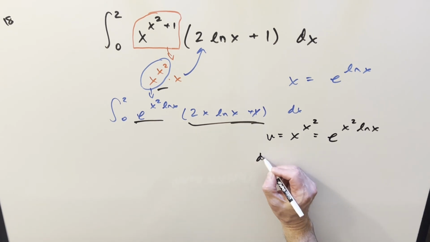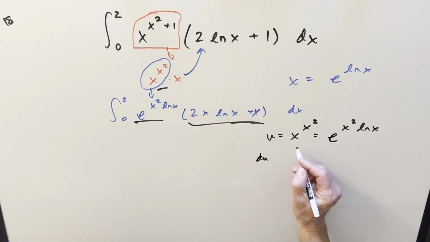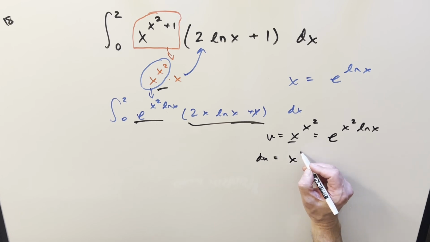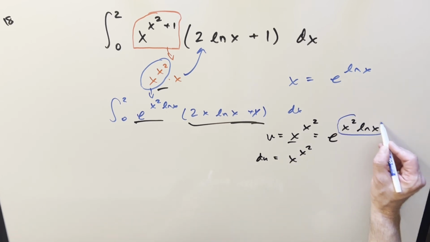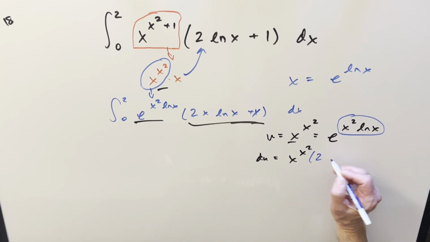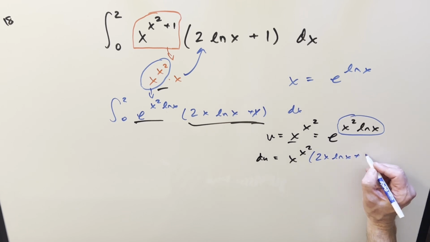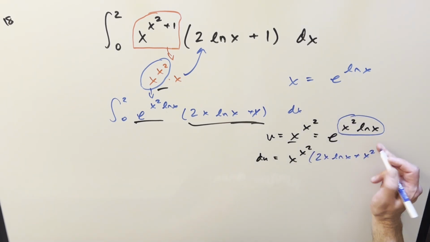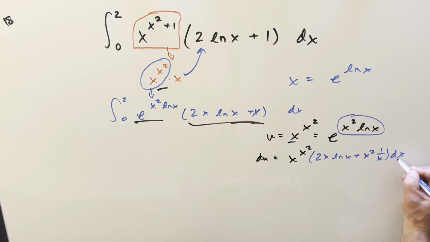Then if I take a derivative, first we get back the whole thing when our base is e, and we can write it as x to the x squared. And then we need chain rule on this part right here. So, doing it with product rule, we differentiate the first thing, 2x ln x, plus bring back the first part, x squared, and take the derivative of ln x, which gives 1 over x dx.